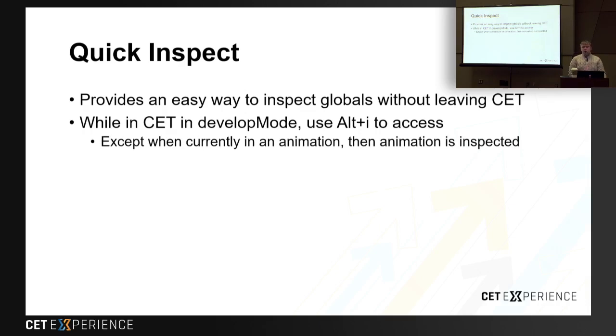One exception here, and this is for a legacy reason. If anyone was here a few years ago when the new inspector was presented by Connor Dudas, then the animation inspection was something that was introduced then. So if you're currently animating and you hit Alt-I, it'll just go straight to inspecting that animation that's running. But if you're in any other situation in CET, you can use the Quick Inspect tool.